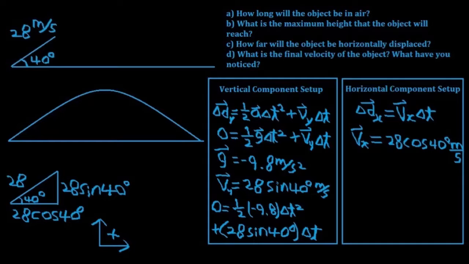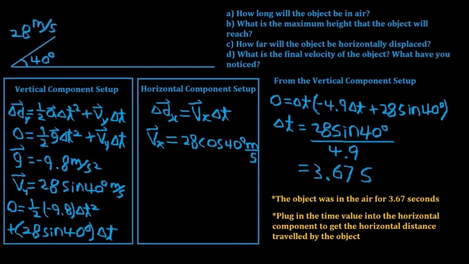Okay, so now since we know how the vertical component has been set up, we need to find the time value. To do that, you could factor out and simplify the vertical component equation.